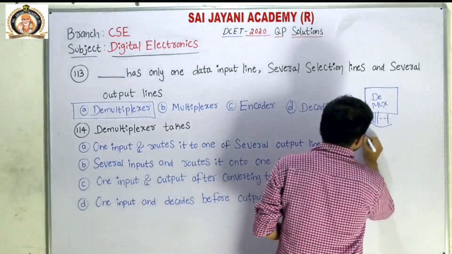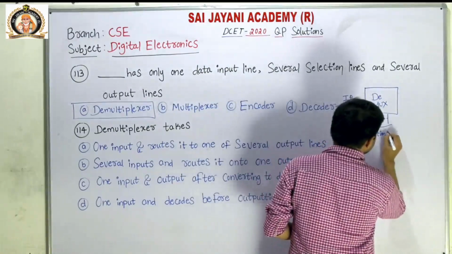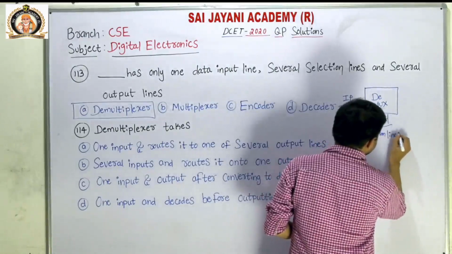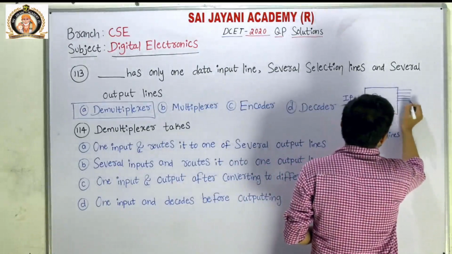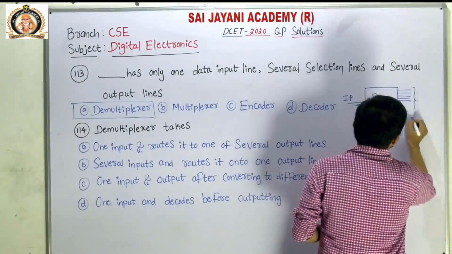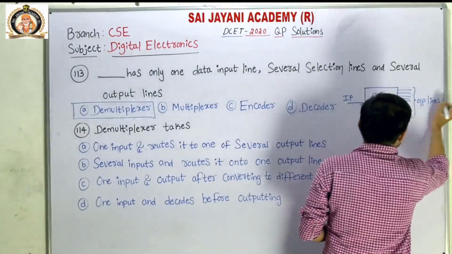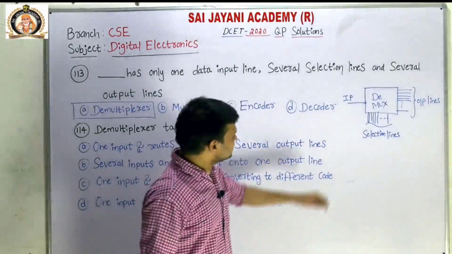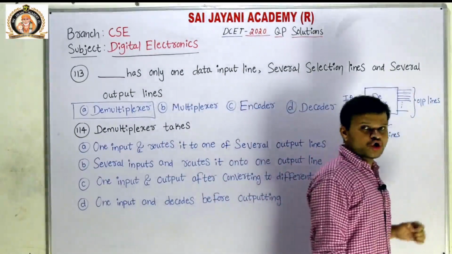These are called as selection lines. And this demultiplexer has several output lines. These are called as output lines. The demultiplexer has single input line, several selection lines and several output lines.